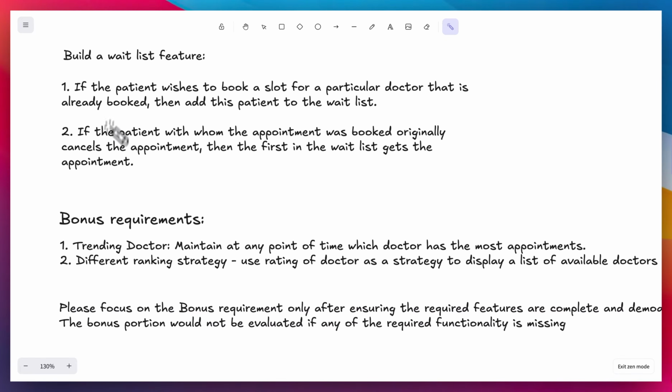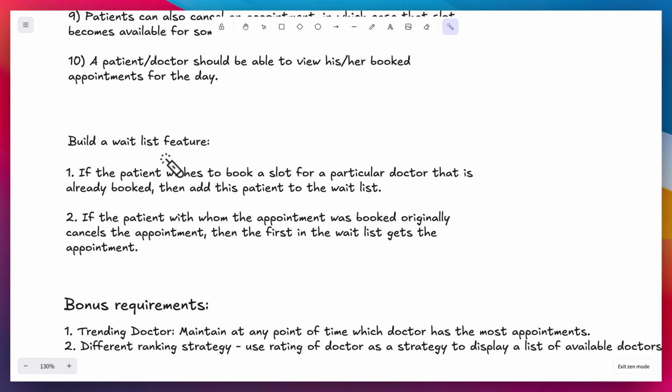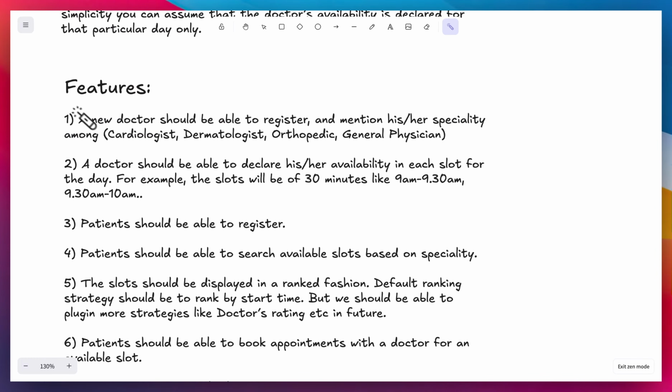If you are unable to complete these 12 features, then the bonus requirement would not be considered. So I highly recommend you complete the bonus features only after you have completed the requirements which are given, right?